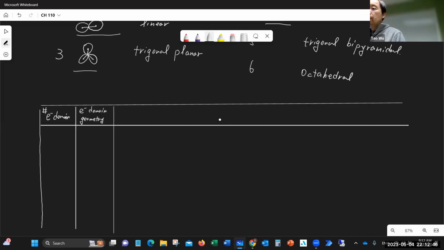Then we need to count the number of bonding domains.